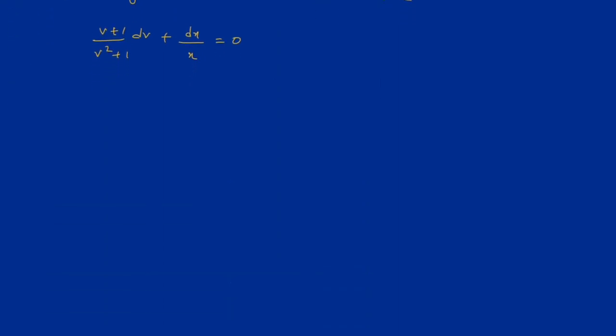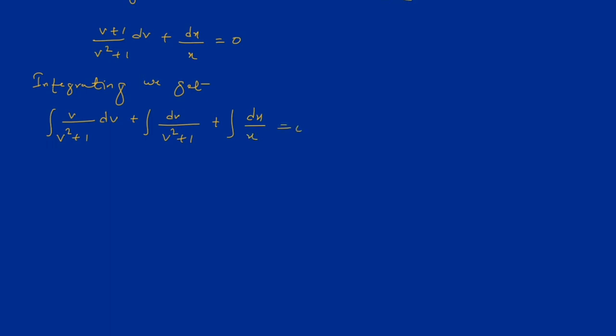Now integrating, we get the integration of v upon v square plus 1 dv, taken separately, plus the integration of dv upon v square plus 1, plus the integration of dx upon x, equals 0.